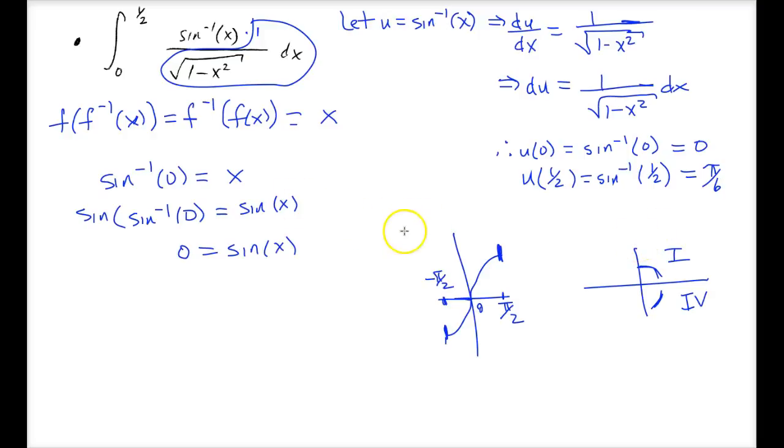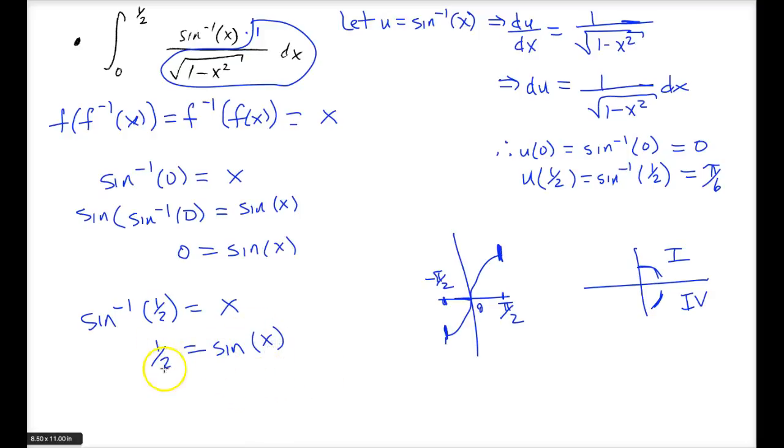So that's why I'm going over this trigonometry review here. Now for sine inverse of 1/2, if we allow that to be x as well, then using the same cancellation property, we could say 1/2 is equal to sine of x.